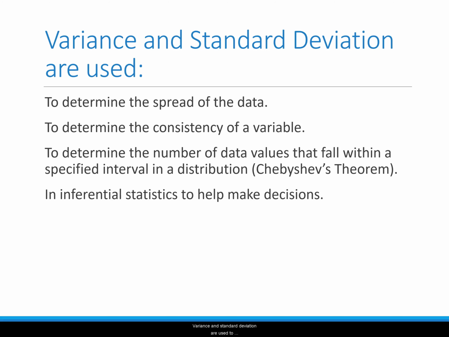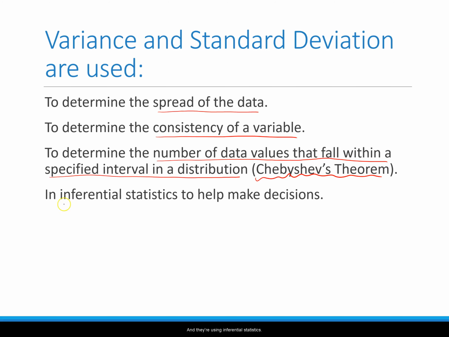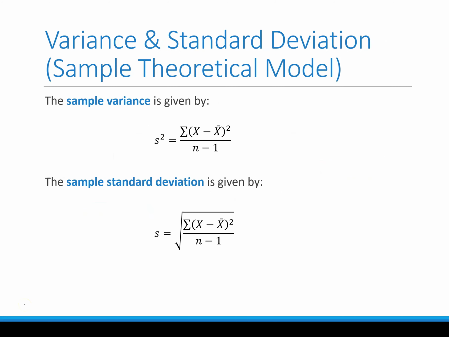Variance and standard deviation are used to determine the spread of the data, consistency of a variable, the number of values that fall within a specified interval in a distribution. This is something called Chebychev's theorem. And they're used in inferential statistics. This is chapter 7 and beyond, to help make decisions. So we'll see those back up for us throughout the semester.